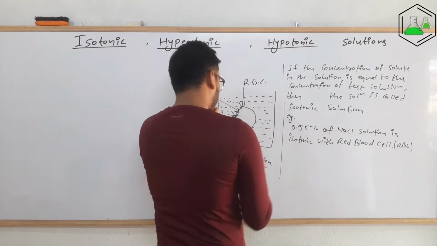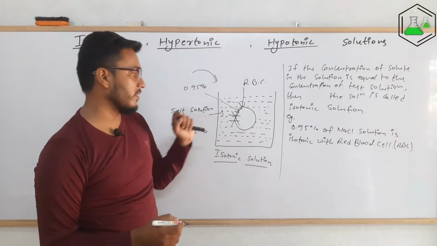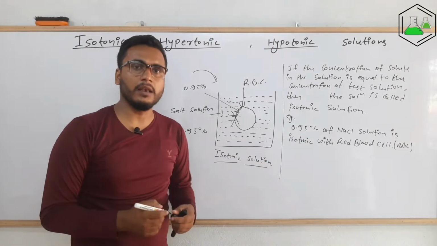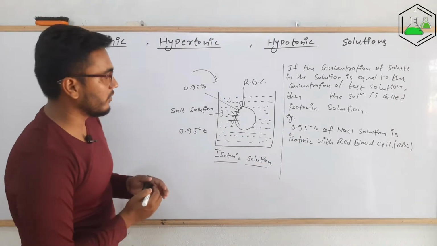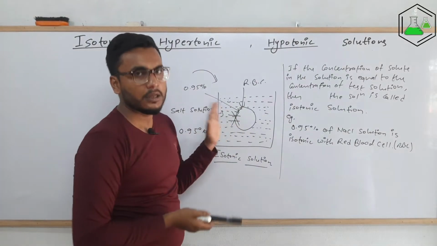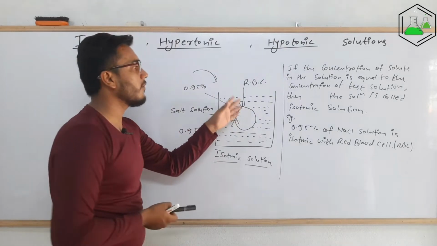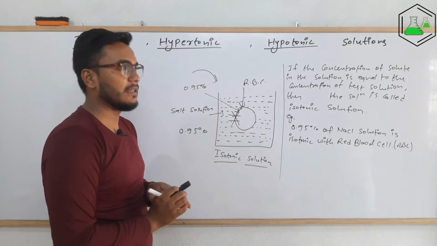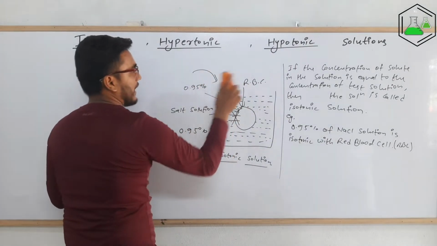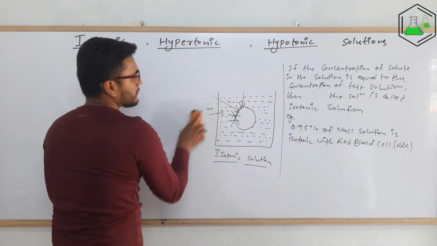So 0.95% NaCl solution is actually isotonic with the red blood cell. I hope you understood about the red blood cell. In this case there won't be any flow of solvent molecules, so the size of this RBC will not change. It will neither decrease nor increase. Now let me erase this portion to understand another case.